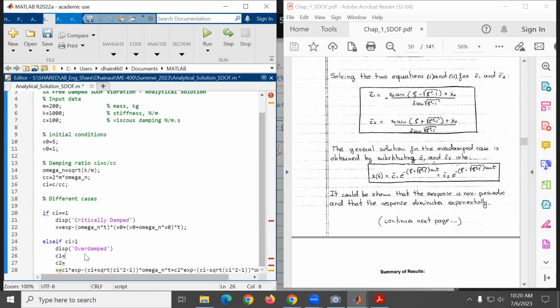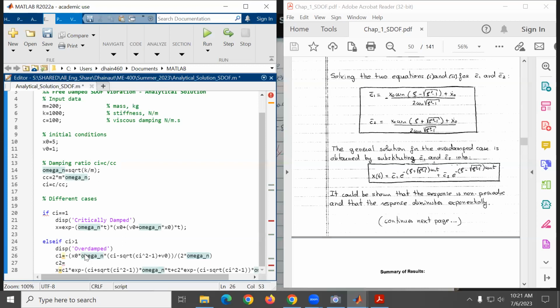So C1 is minus, let me put parentheses to be safe, x sub naught times omega n times C minus the square root of C squared minus 1, plus v sub naught, divided by 2 times omega n.